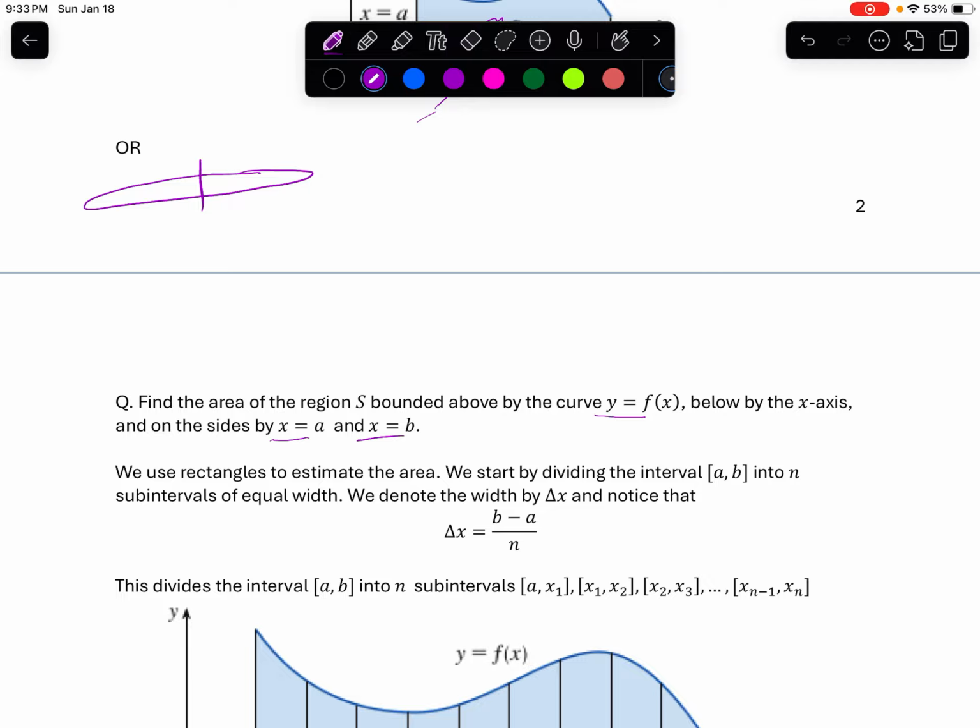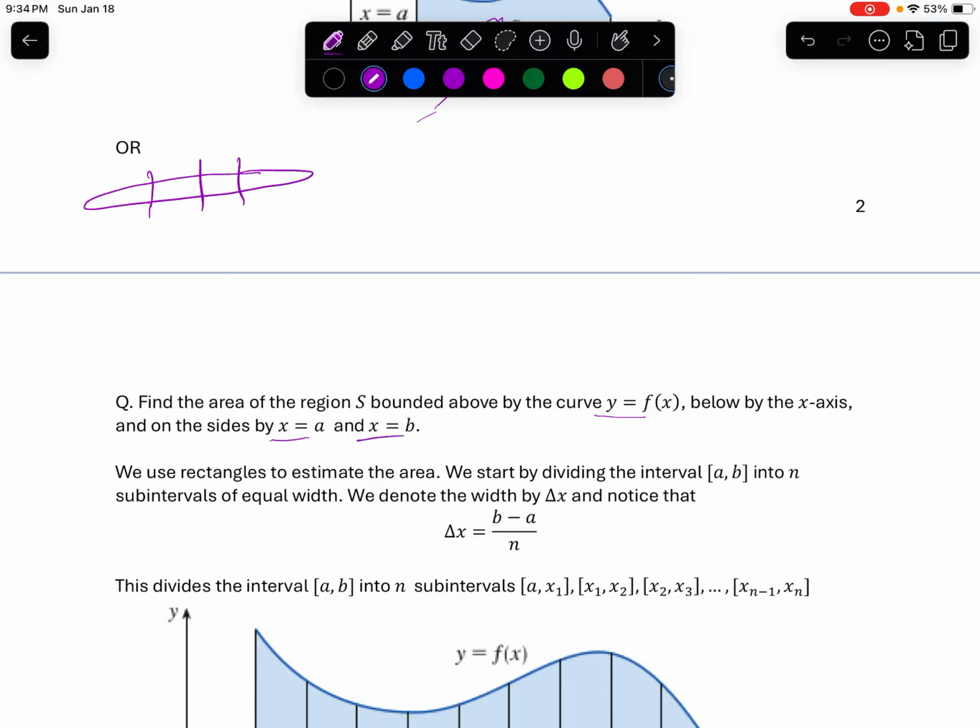So one cut, 2 pieces. If I put another cut, 3 pieces. So 2 cuts, 3 pieces. A third cut, and now I have 4 pieces. Another cut, 4 cuts, you'll have 5 pieces, and so on.